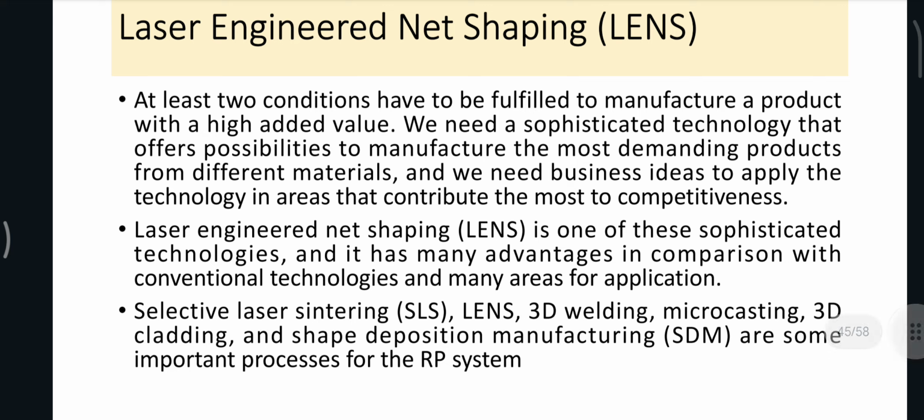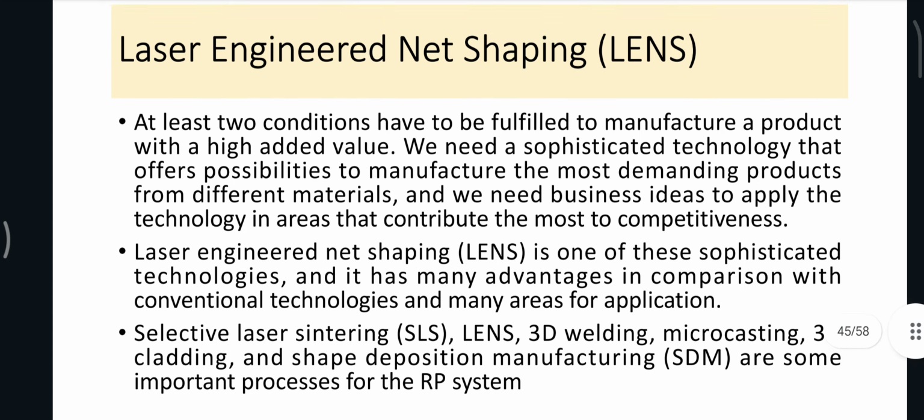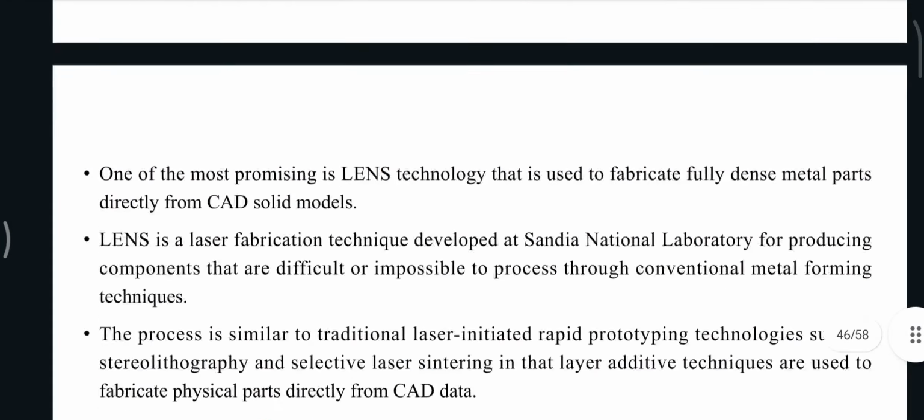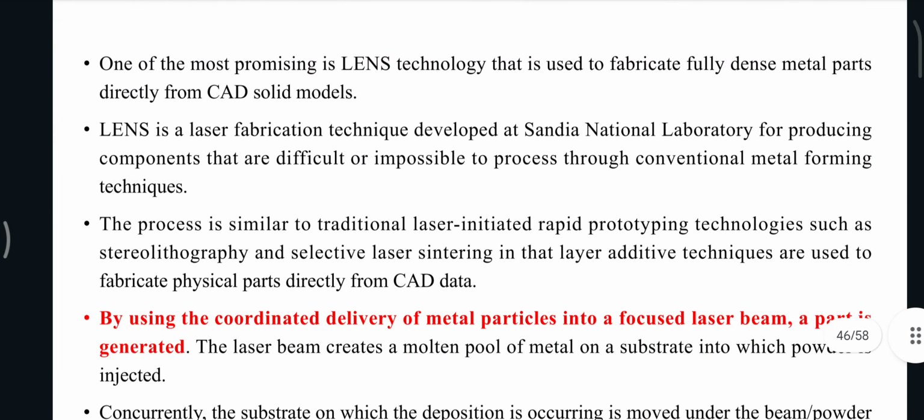Selective laser sintering (SLS), LENS, 3D welding, microcasting, 3D cladding, and shape deposition manufacturing are some important processes for rapid prototyping systems. One of the most promising is LENS technology, which is used to fabricate fully dense metal parts directly from the CAD solid model.